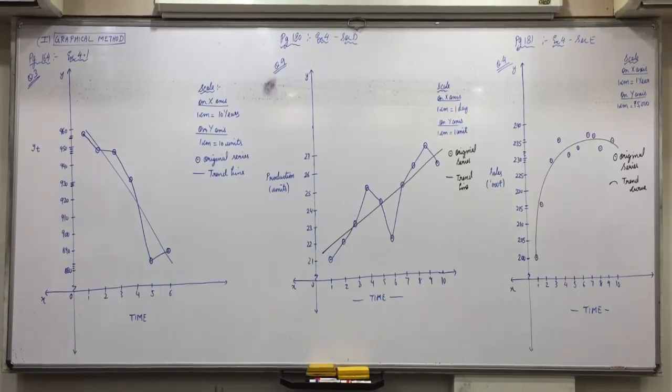Homework, illustration 1, 2, and exercise 4.1, question 1, 2. Solution is given on the back side also, so check it carefully where you are required to make a curve. In exams, you need to distinguish where to make a straight line and where to make a curve.